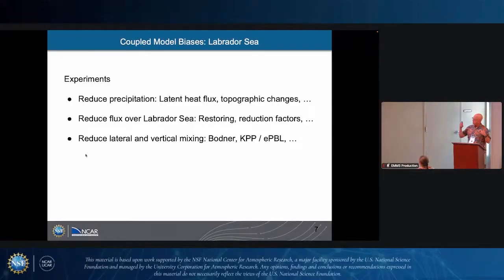And then also changing lateral and vertical mixing parameterization, sometimes locally in the LabC, sometimes globally. So those are the routes that we're taking, and there's been some promising results with some of these.